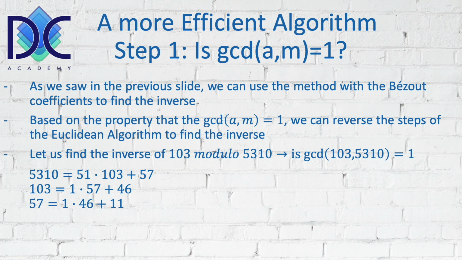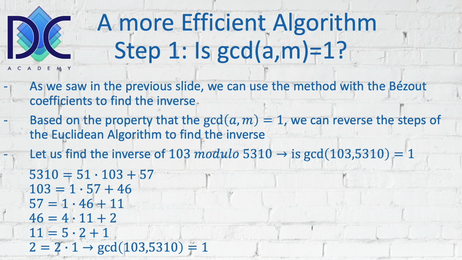We continue, 57 is 1 times 46 plus 11. We continue further, 46 is 4 times 11 plus 2. And 11 is 5 times 2 plus 1. And finally 2 is 2 times 1, which means that the greatest common divisor of 103 and 5310 is equal to 1, which means they're pairwise relatively prime, and that's what we wanted to verify first.